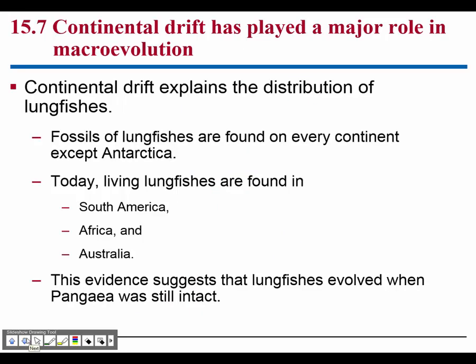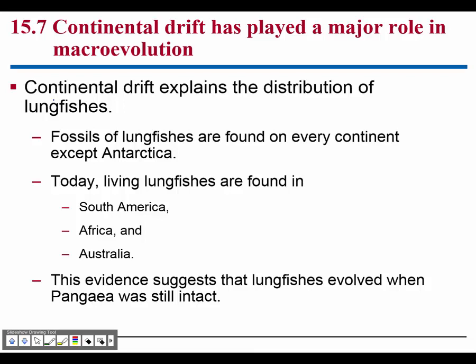So continental drift, right? The land masses moving can explain the distribution of lungfishes. It can explain the distribution of a lot of things. For example, near the Philippines, there are 2 islands really close together. In one you have tree kangaroos, and in the other you have primates. Right? If they're so close together, why wouldn't the same mammals be there?